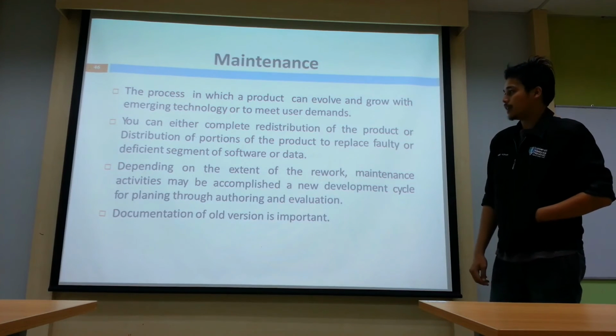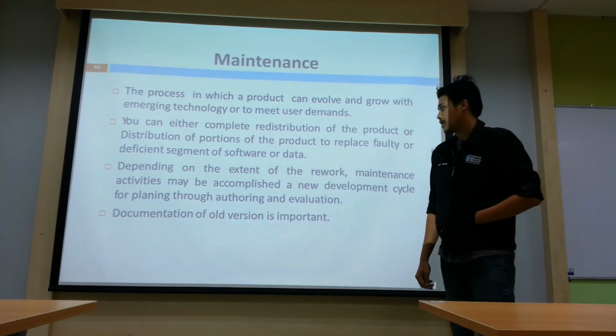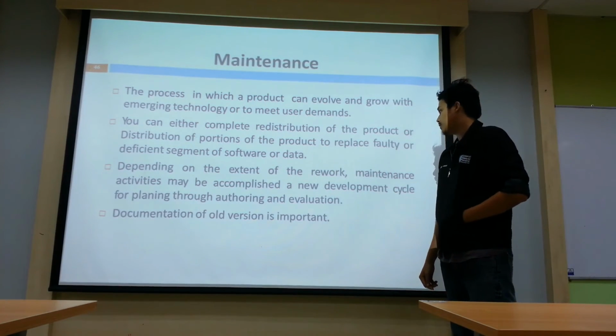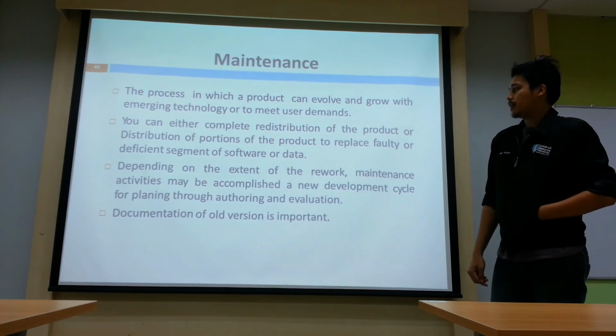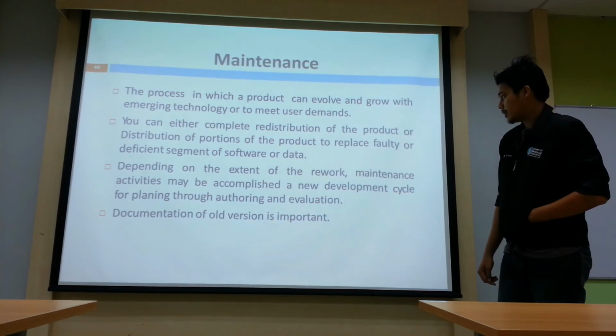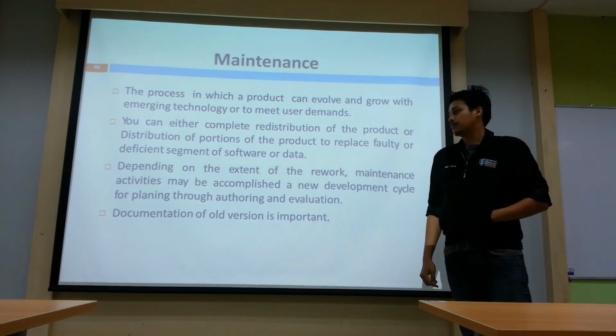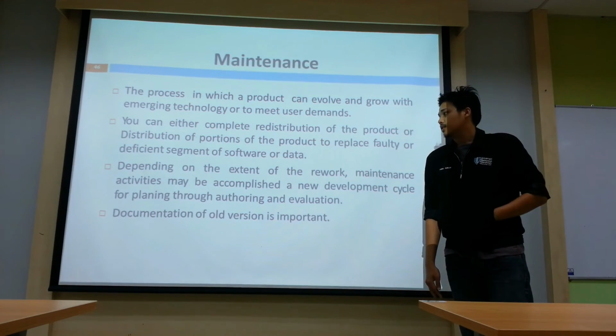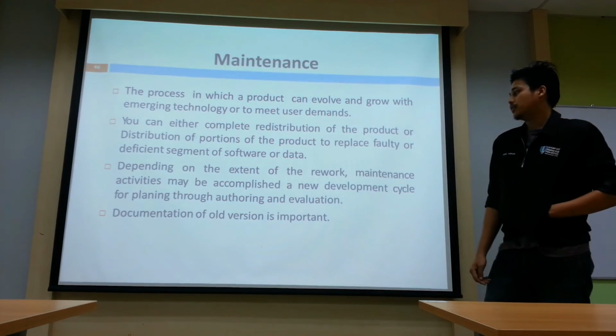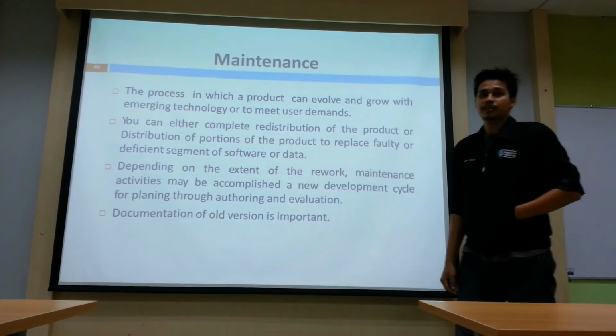The second, depending on the extent of the rework, maintenance activities may accomplish a new development cycle for planning, growth, and the last, development of the whole version is important.